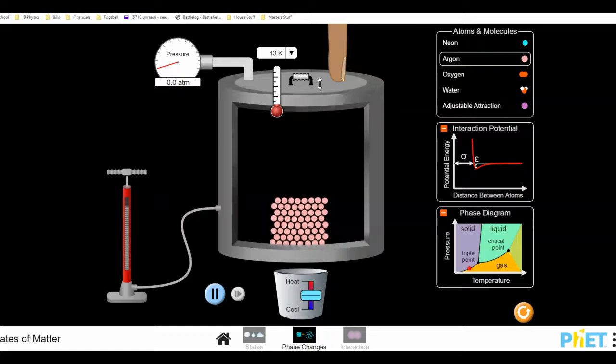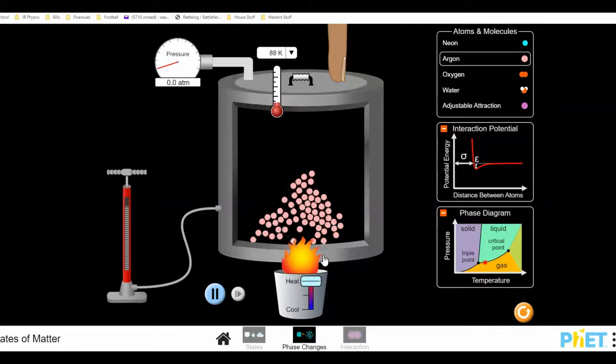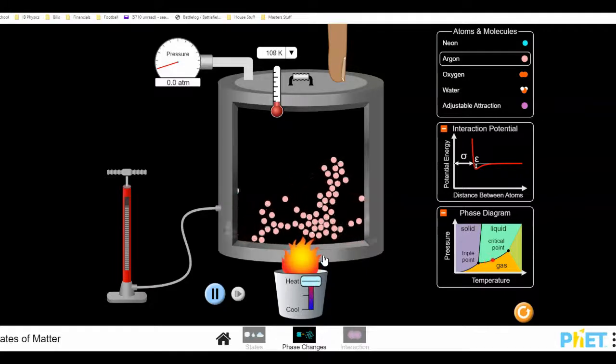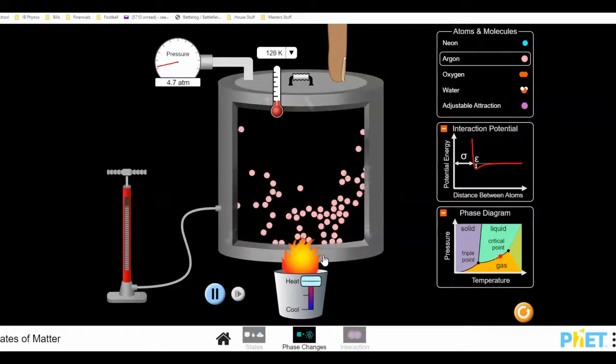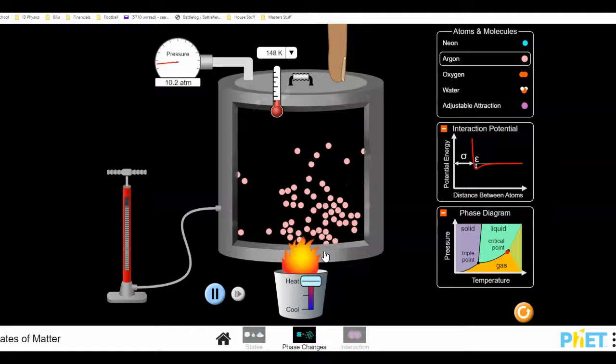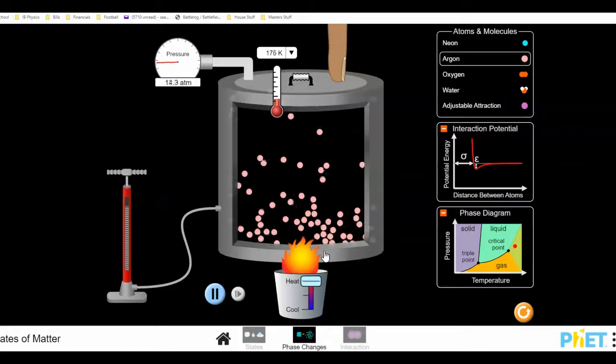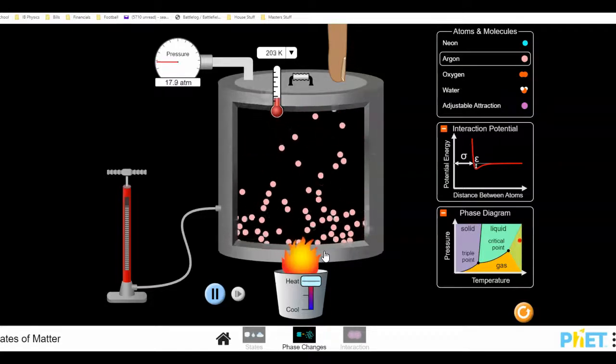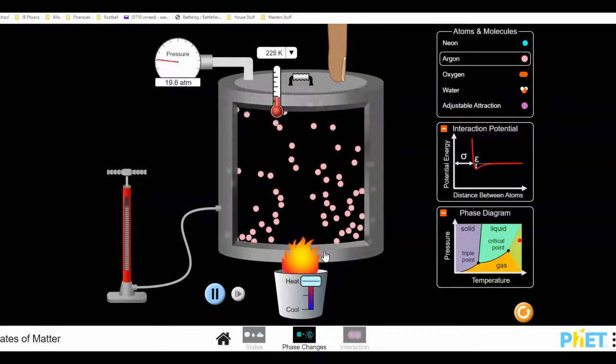It has something to do with volume, obviously, because when we decrease the volume, the pressure went up. And we also can see as we increase the temperature, once it becomes a gas, the pressure starts increasing. And as we increase the temperature more and more, the pressure also correspondingly increases.